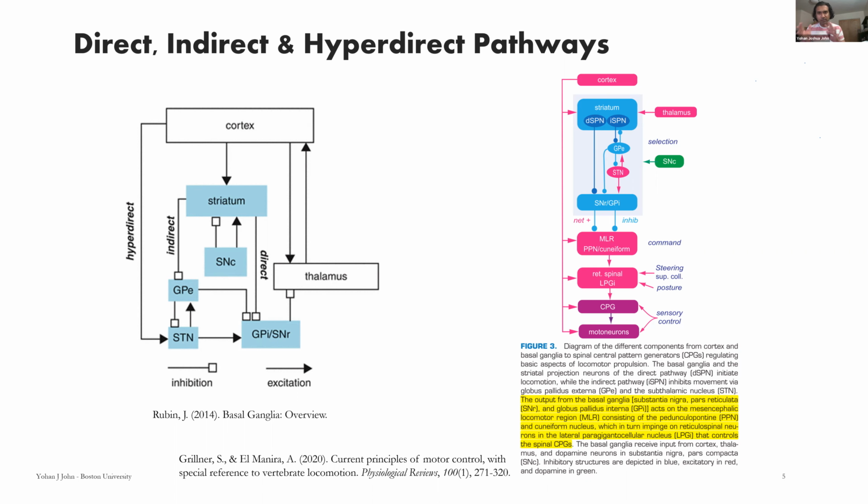And for some reason, the papers that talk about these outputs don't seem to overlap that much with papers that talk about the thalamic outputs. So it's a little bit hard to square these two types of outputs. Because on the one hand, people want to say, well, the basal ganglia is involved in action selection. And on the other hand, people are like, no, it's not really involved. It's something else. So there are some issues there.